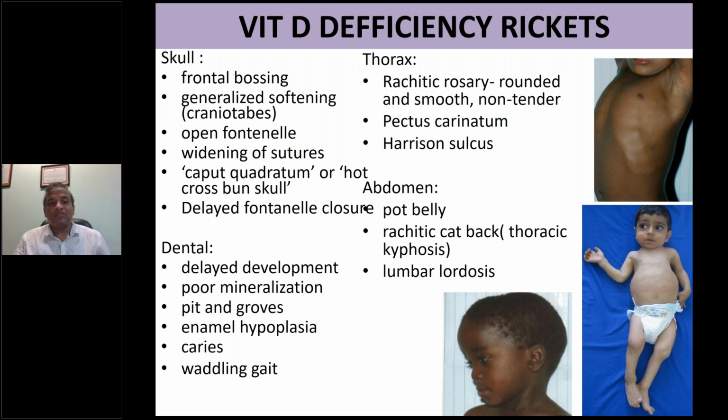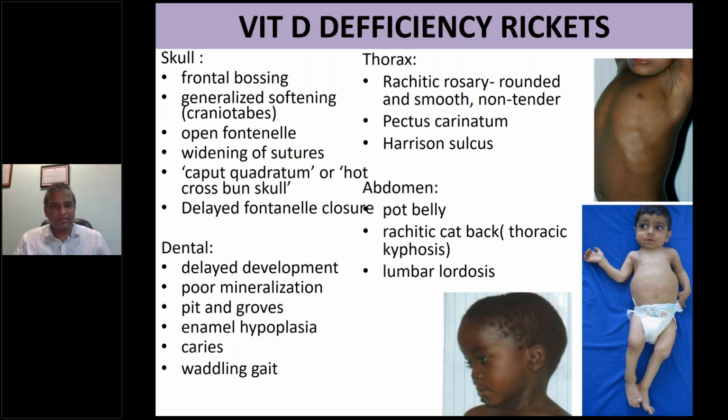The fontanelle remains open for a longer time. The sutures remain wide. The skull looks like a hot cross bun or a caput quadratum. The sagittal and coronal fissures remain open, and it looks like a hot cross bun.